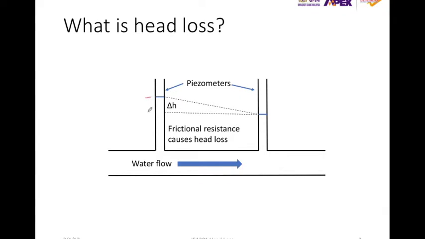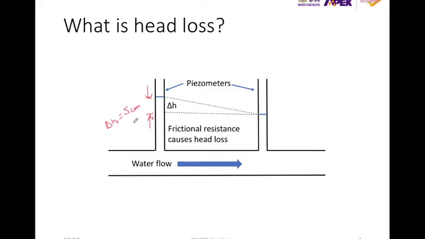So, the distance between this and this, if we were to measure it using a ruler, we would get a simple distance value. Let's say we use the example of 5 centimeters. So we can say that the head loss between this point and this point is 5 centimeters.